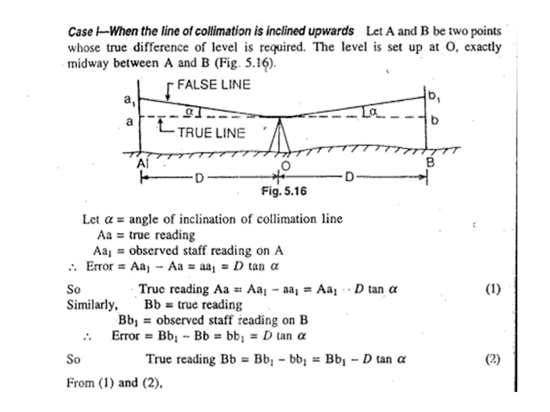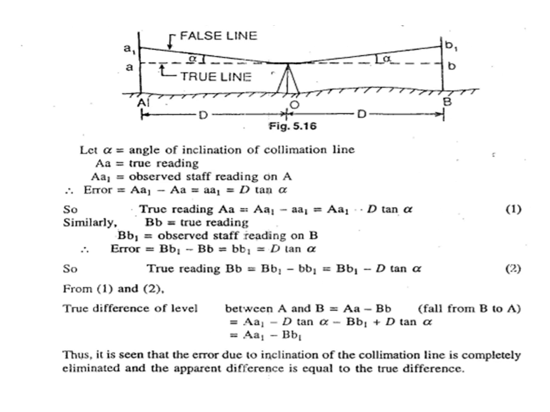From 1 and 2 we get the true difference of level between A and B as AA minus BB, that is the fall from B to A, that is AA1 minus BB1. So thus it is seen that the error due to inclination of the collimation line is completely eliminated and the apparent difference is equal to the true difference.